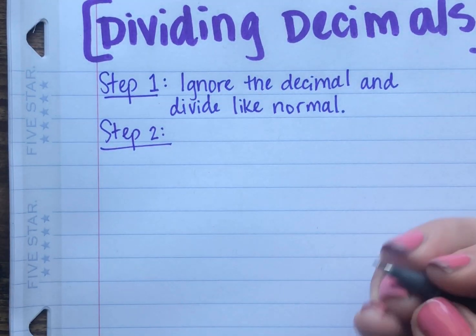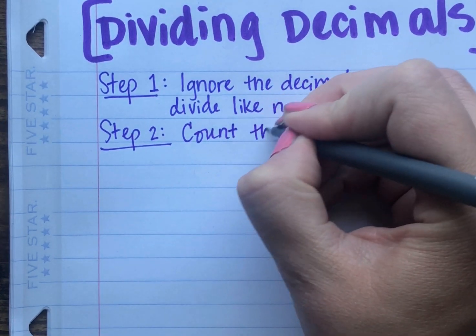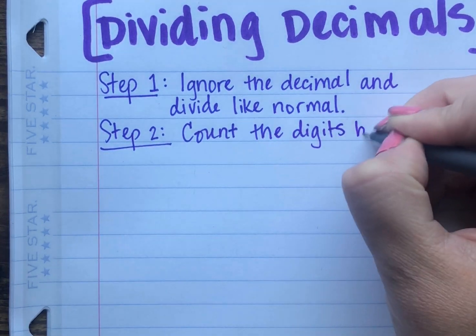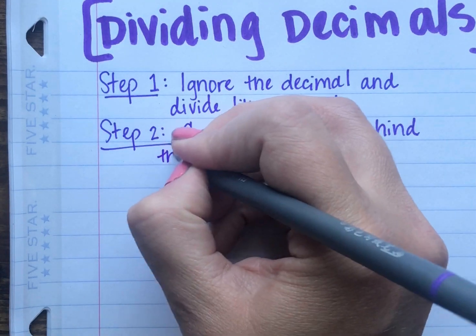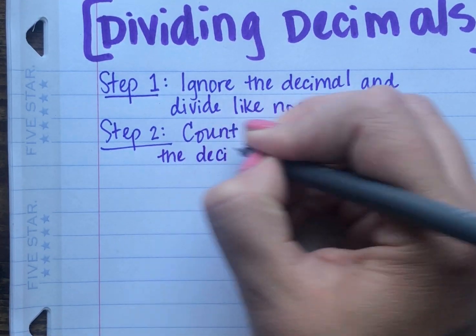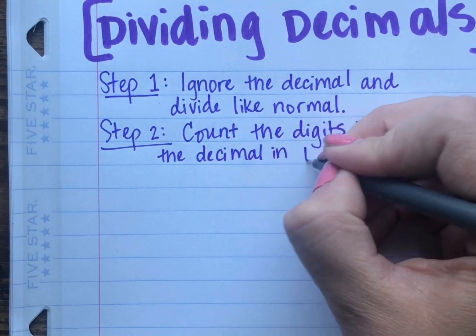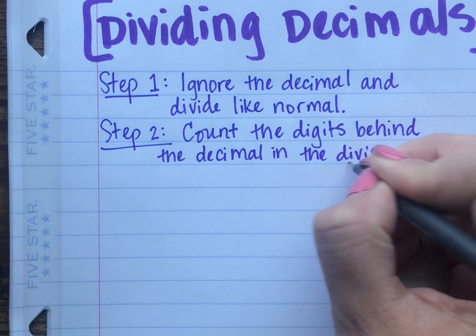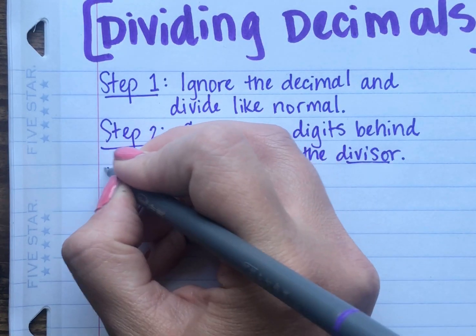Step 2 is going to be to count the digits behind the decimal in the divisor. It's a really important mathematical word, and we're going to do an example in just a second. So in case you don't know, then hopefully it will be a little bit more clear.